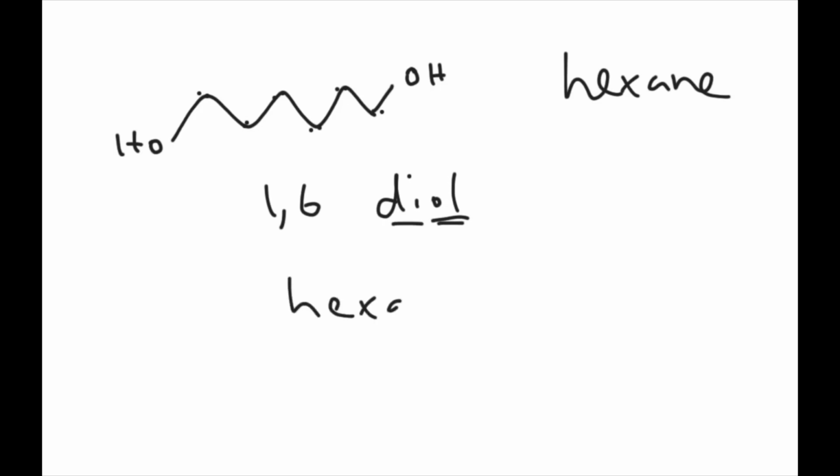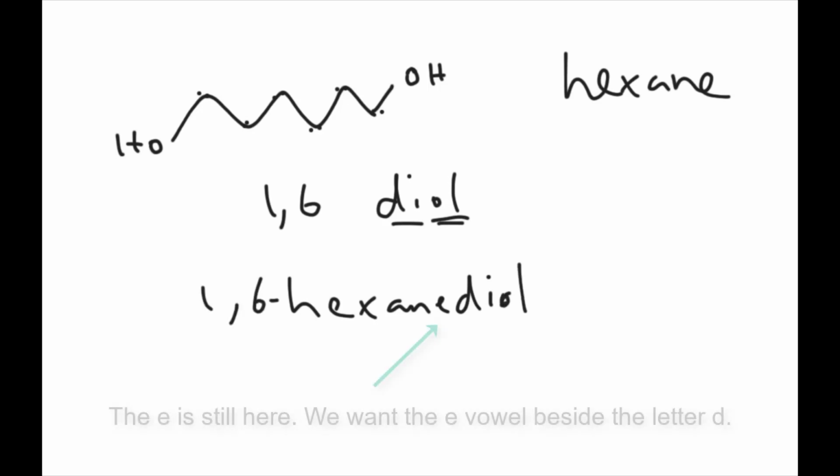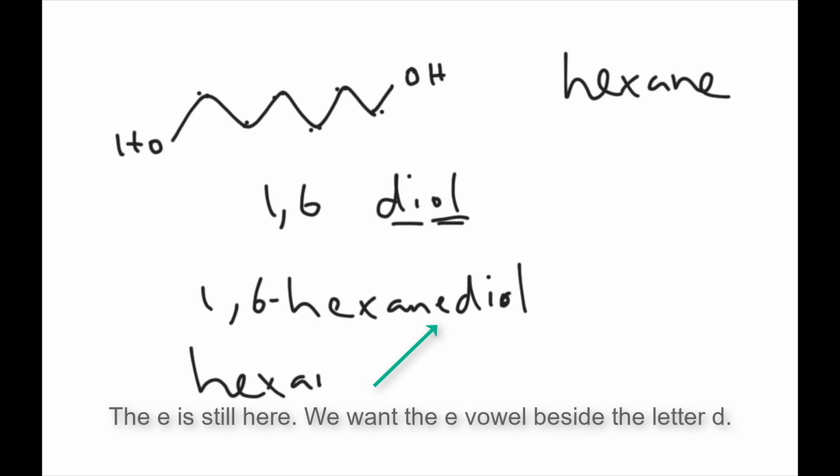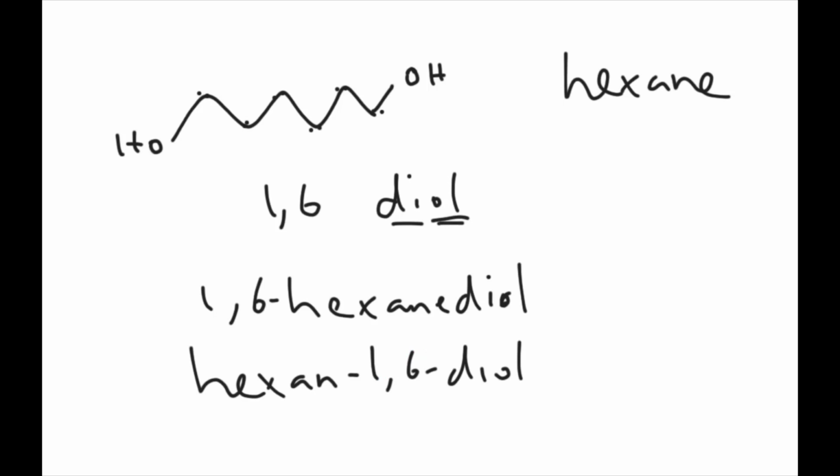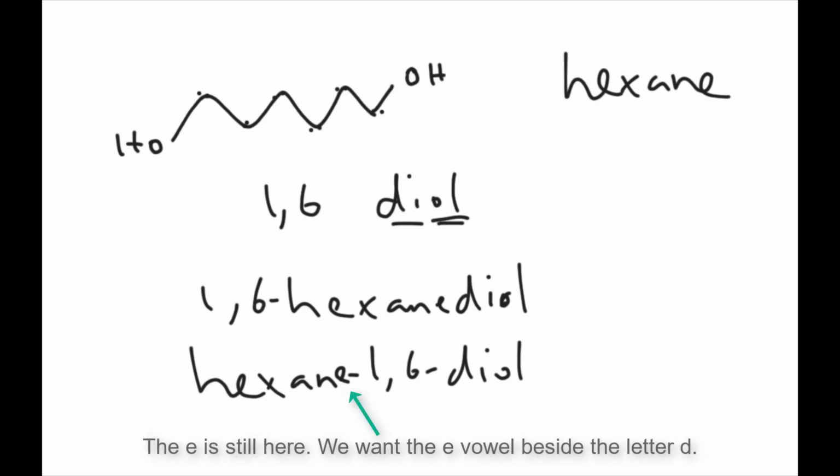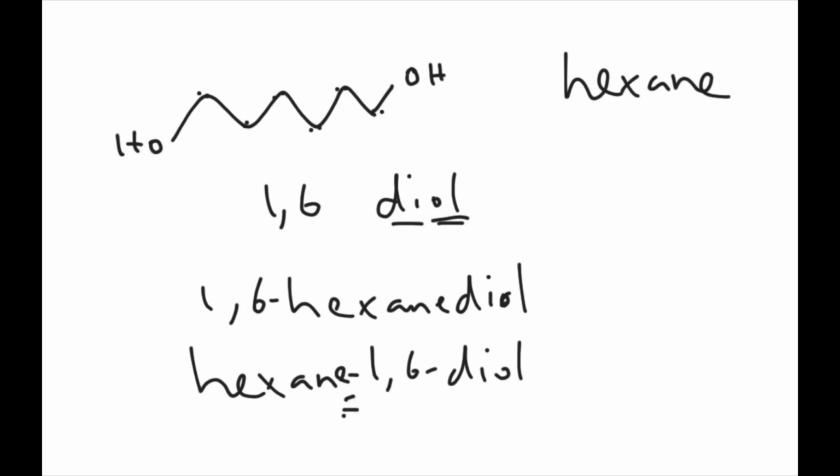So I'm going to call this a hexane diol, and I can indicate that the 1, 6 position is where it's at. I can also rename this as a hexane 1, 6 diol. The E might go in here still. And I just checked, and yes, the E should be involved in the name.